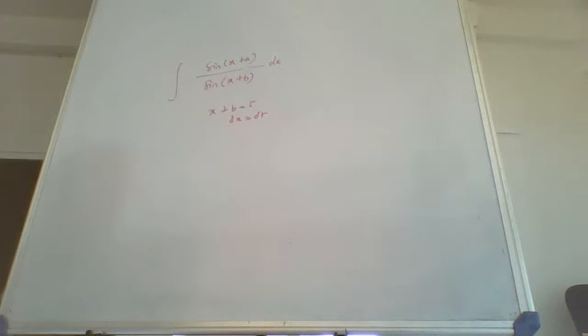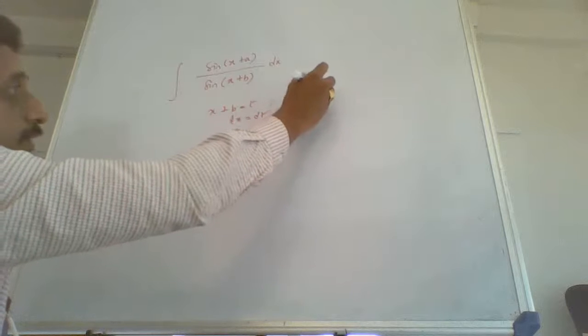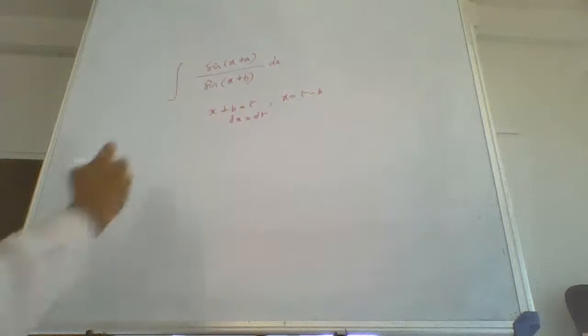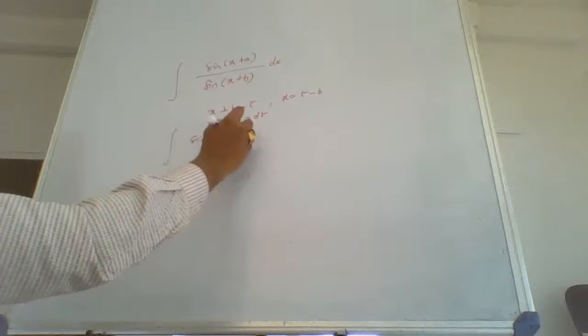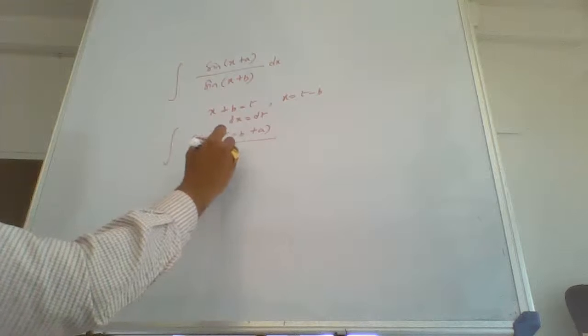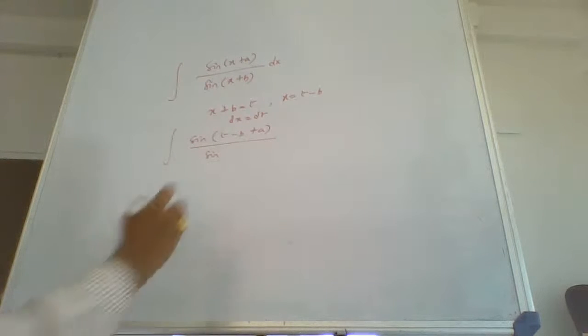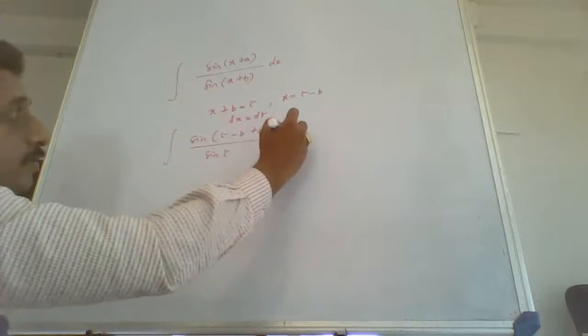Let us put x as t minus b. Let's substitute this. Now we have sine of t minus b plus a, divided by sine of x plus b as t, and this will be dt.